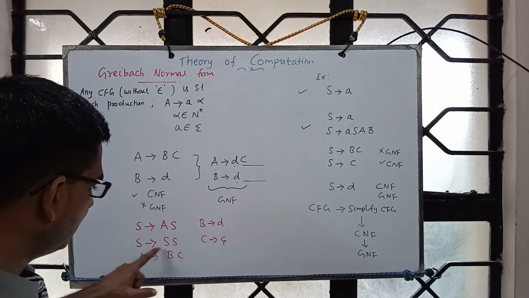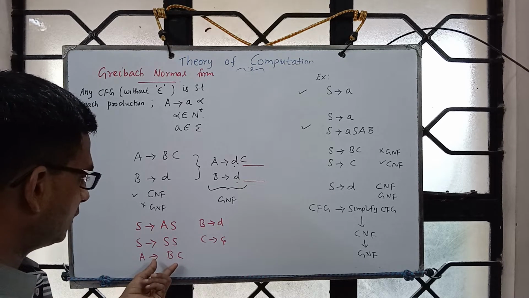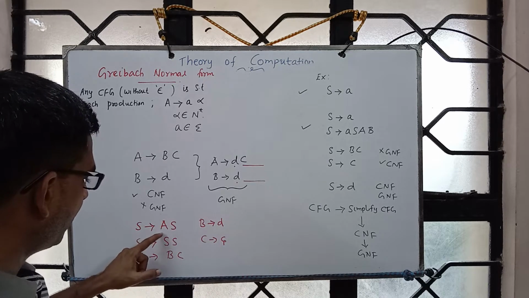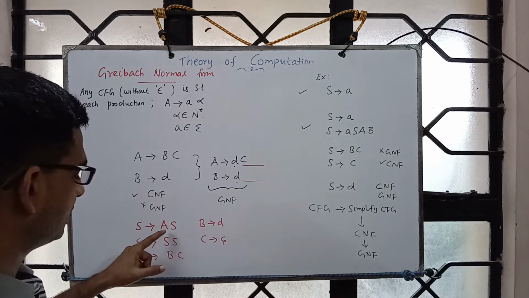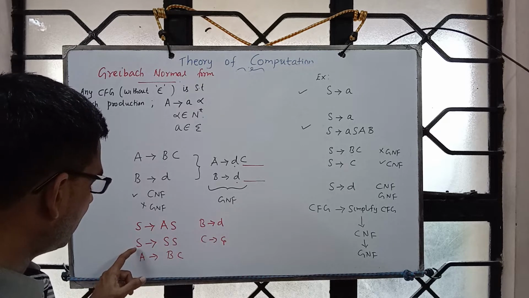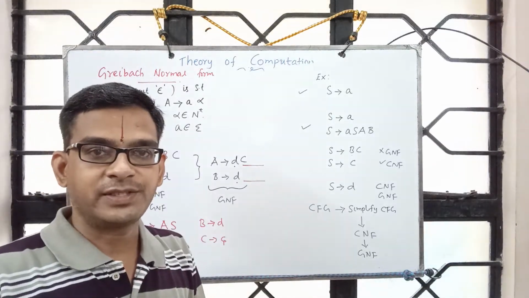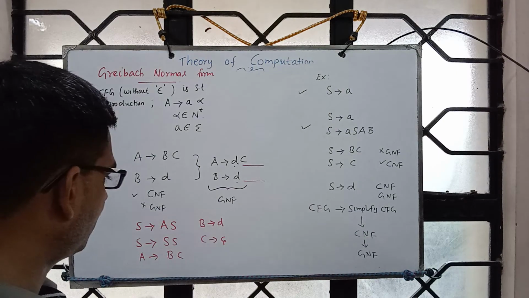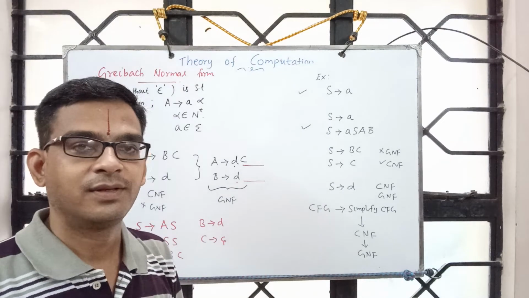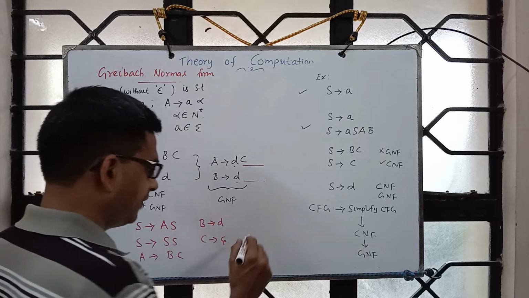Then A becomes A implies DC, and so these three will be in GNF, and subsequently we will substitute the value of A over here so that S becomes A implies alpha, and then we substitute the value of S over here. So one has to come up with a systematic way of approaching the given grammar to obtain GNF.